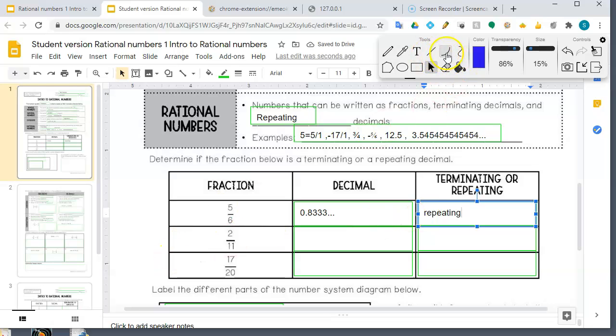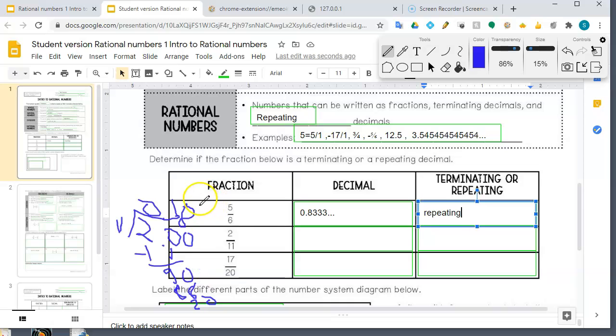We're going to do the exact same thing, all right, with the 2 and the 11. So we've got the 2 on the inside, the 11 on the outside. We're going to think of it, it goes in 0 times, and we're going to think of it as 20. So 11 goes into 20 one time. Then we get our 9, bring down our 0. 11 goes into 9 0 times, so we bring down another 0 and 11 goes into 90 8 times, and we get 88, and we get 2, 0 again.